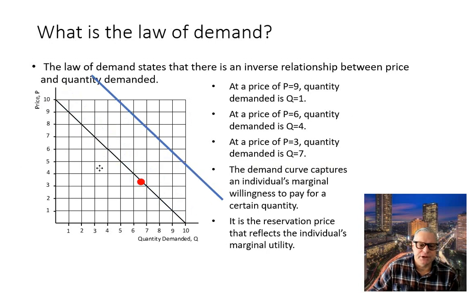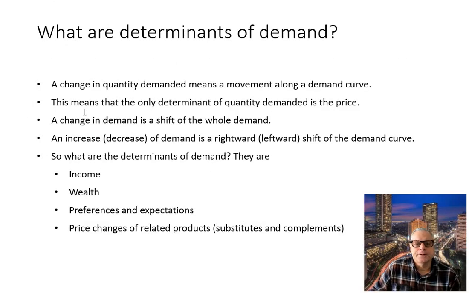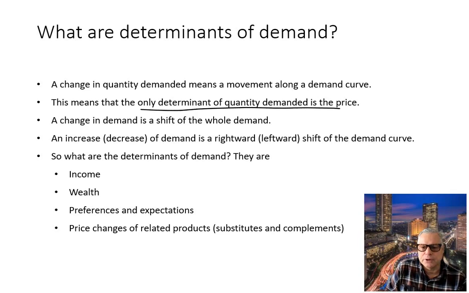A shift in demand is this, and a change in quantity demanded is anything like this. So that means that the only determinant of quantity demanded is the price. That is a little bit important. So the only determinant of quantity demanded is the price.